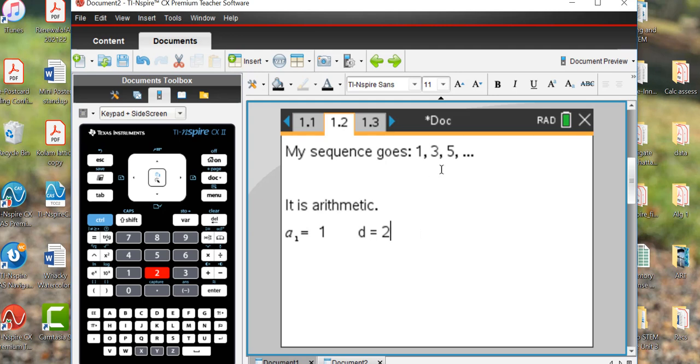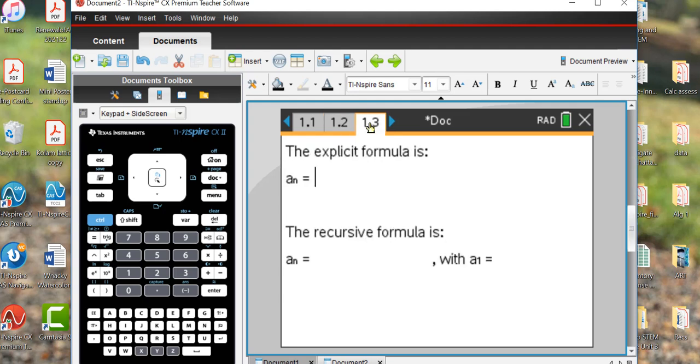If my sequence is increasing, I will have a positive difference. If my sequence is decreasing, so maybe the partner chose to do 5, 3, 1, then they would have a starting number of 5 and a difference of -2. Sometimes that'll work out, and the partners can help each other with that.